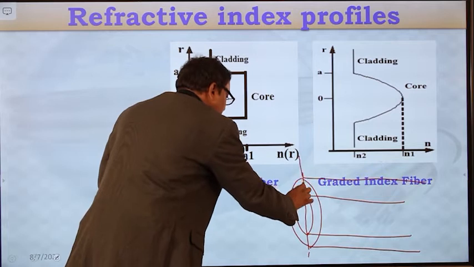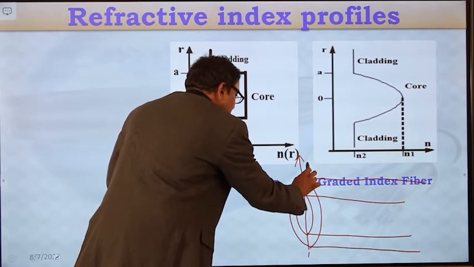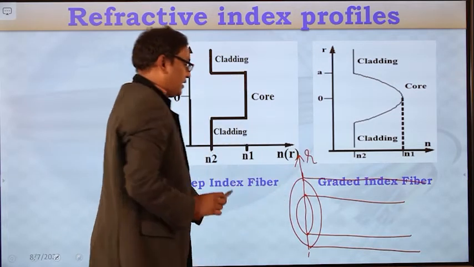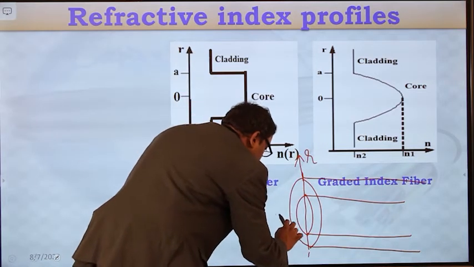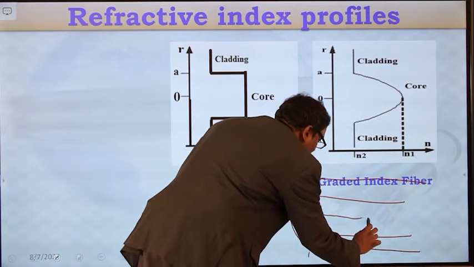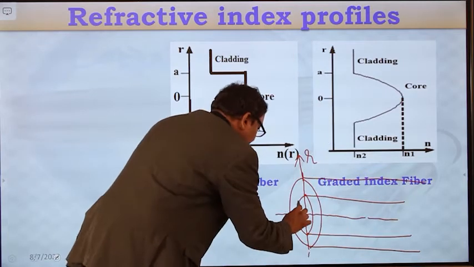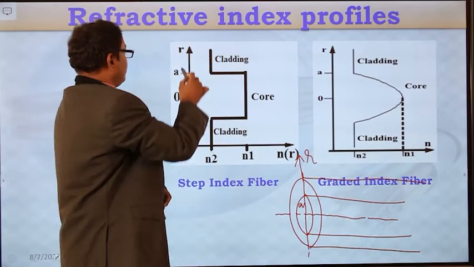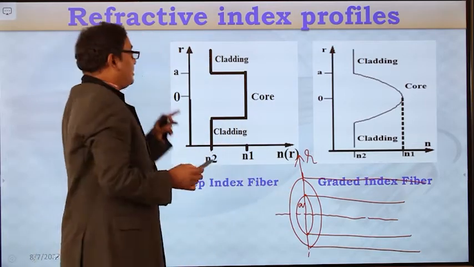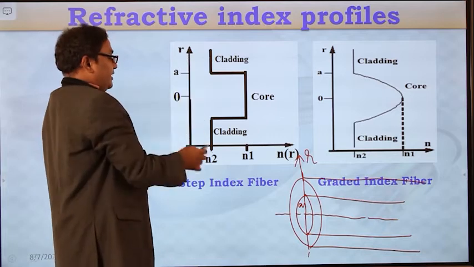Now consider this is the radial distance R, and draw a core axis or fiber axis and represent the core radius. So with respect to this fiber, you can observe the refractive index profile.